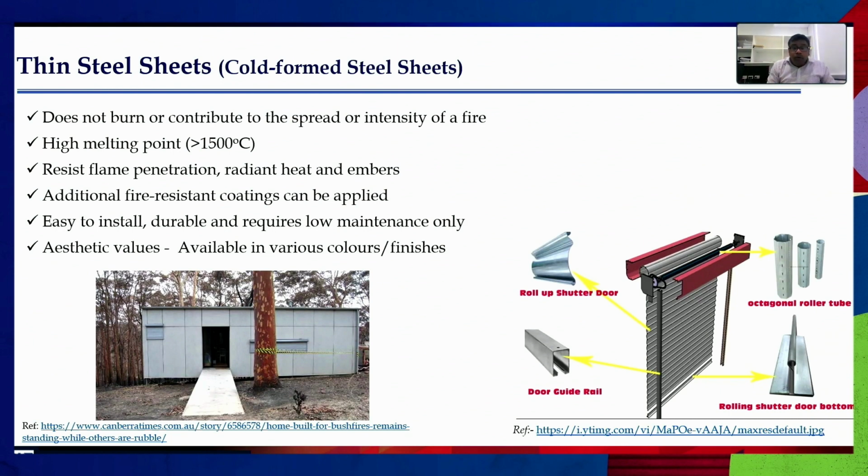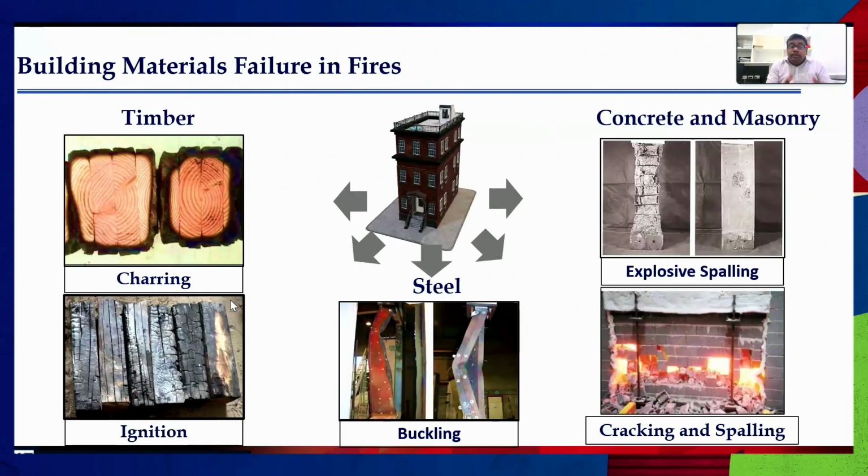And then if you look at the other materials, timber could char or ignite. Even steel could buckle depending on the load or the stress that it was subjected to. But if you use a thin steel sheet just for heat transfer protection, it will not deform, it will not buckle, unless you have any overlapping issues.